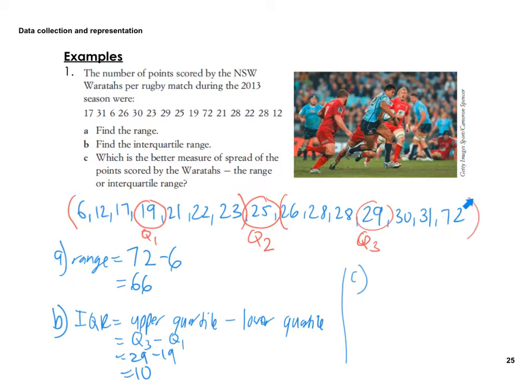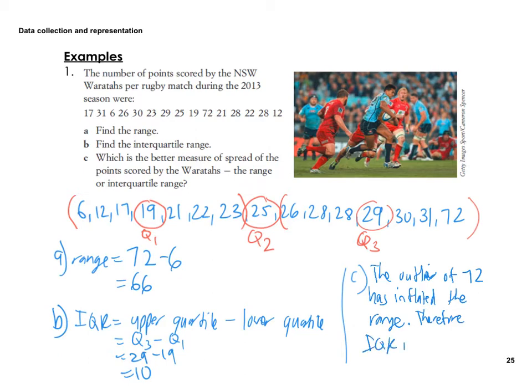That's an outlier, which has inflated the range. So we can say the outlier of 72 has inflated the range. So we can therefore say IQR is a better measure.